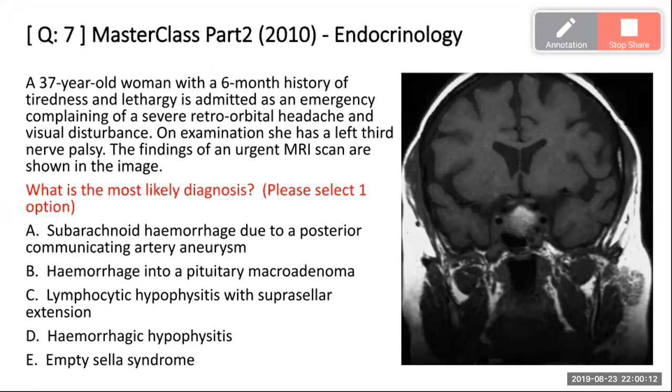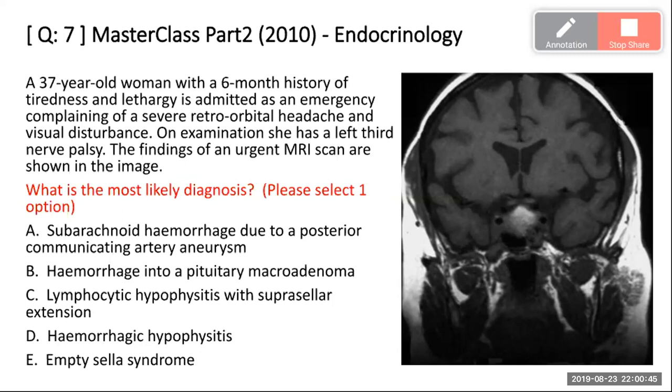Subarachnoid hemorrhage due to a posterior communicating artery aneurysm, or hemorrhage into a pituitary macroadenoma, or lymphocytic hypophysitis with suprasellar extension, or hemorrhage. Lymphocytic hypophysitis with suprasellar extension. Okay, how do we differentiate lymphocytic hypophysitis from other lesions? Diffuse enhancement. I forgot to put a slide about lymphocytic hypophysitis.